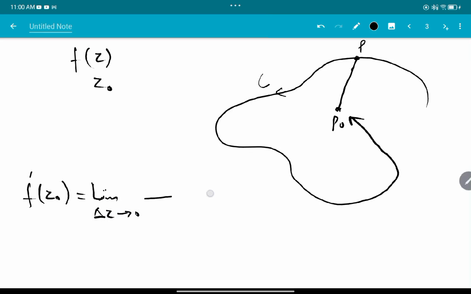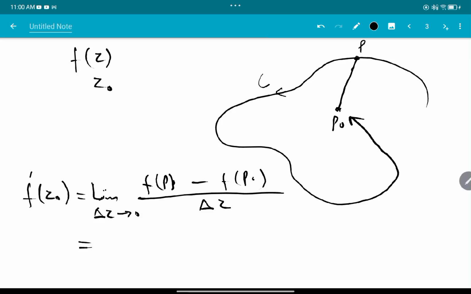I will take one value of the function here and one value of the function here: f at P, the value of the function at this point, minus the value of the function at this point, divided by delta z.